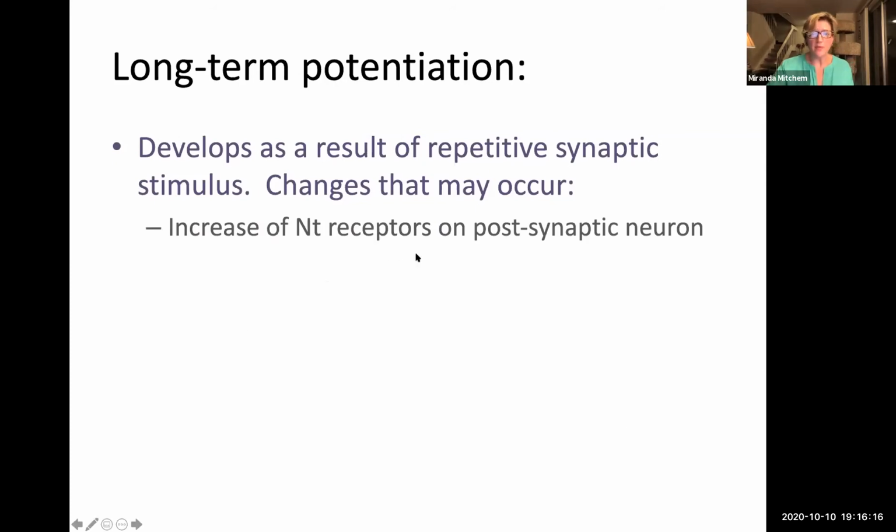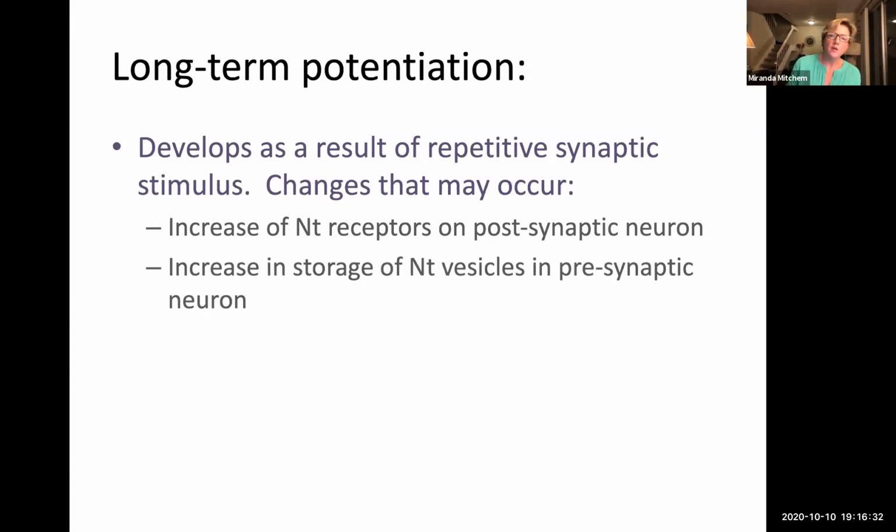What's actually happening? Well, it could be due to the fact that more neurotransmitter is being released. That could be one of the biological reasons that's leading to that long-term potentiation. So there's a reason, it's not just random. It could be that the vesicles are storing more of that neurotransmitter.